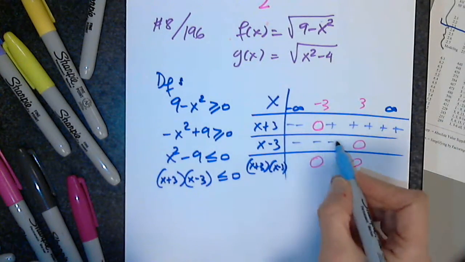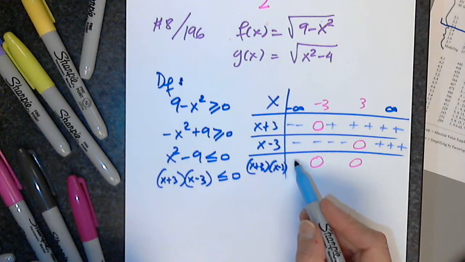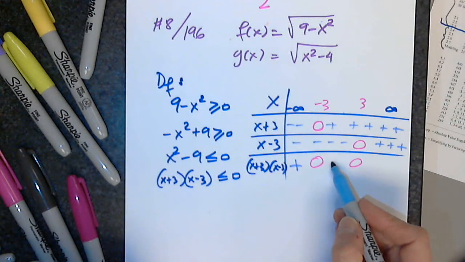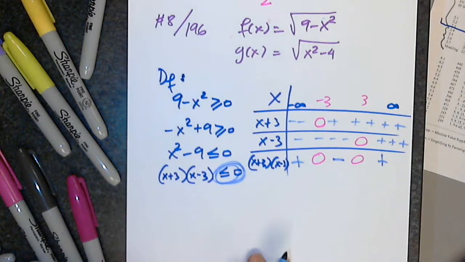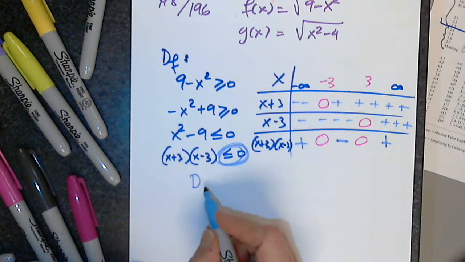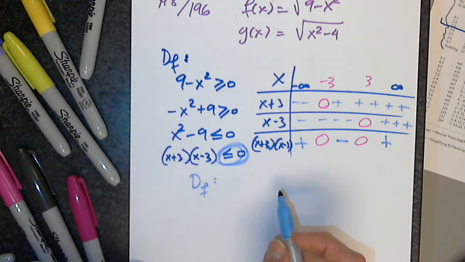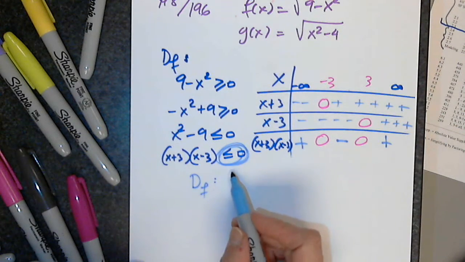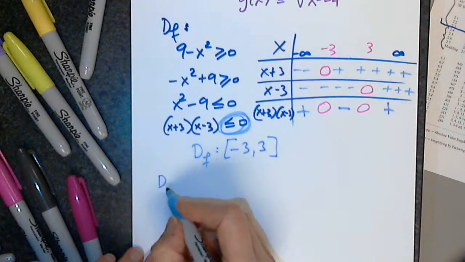Awesome. Two negatives on the first, one negative, and no negatives. What sign do I want to pick? So domain for f is, very good, awesome.